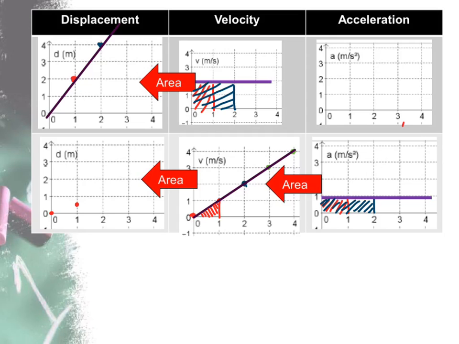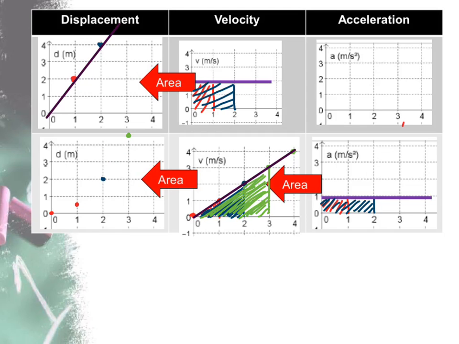After 2 seconds, let's find the area under there, and it comes out to be 2 times 2 times a half, which ends up being 2 meters. I can do that for 3 seconds, find the area under the graph, and find out that it has a displacement of 4.5 meters.